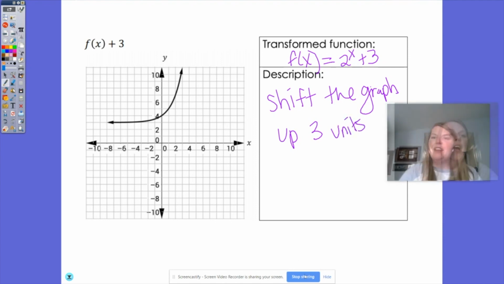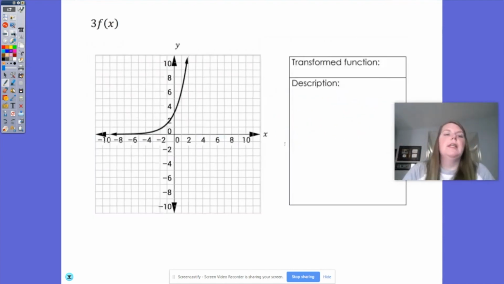All right, so let's look at another one. So this one is not multiplied by a negative, it's multiplied by a whole number, which is 3. So if you look at the graph, we want to first write the equation. So f of x, remember we're multiplying 2 to the x times 3. So it'll be 3 times 2 to the x. So that means instead of the graph crossing at 1, it's now crossing at 3.